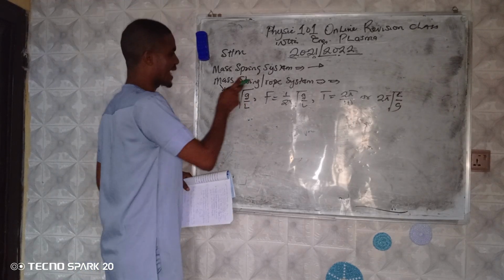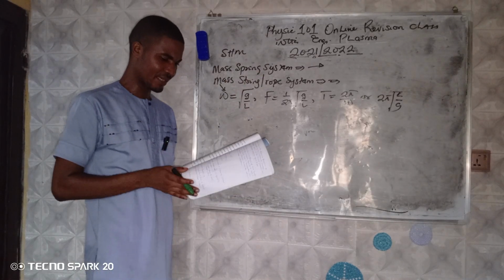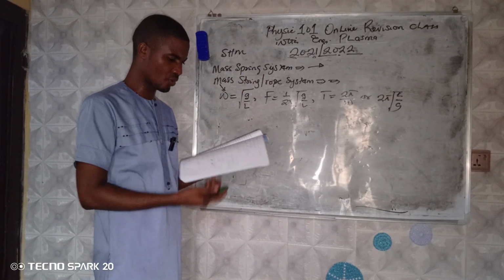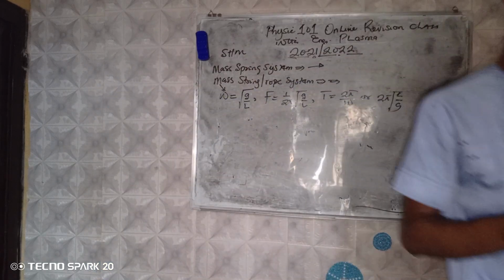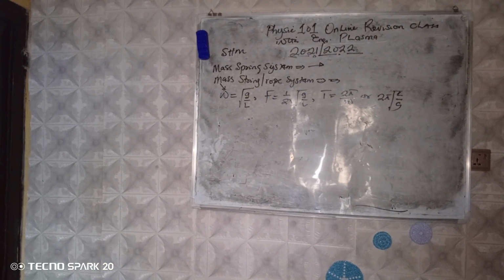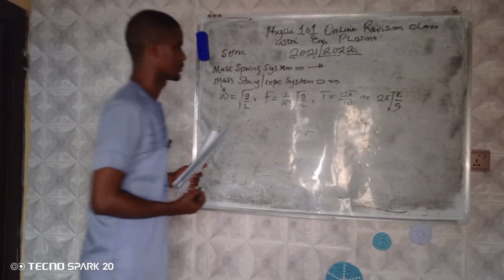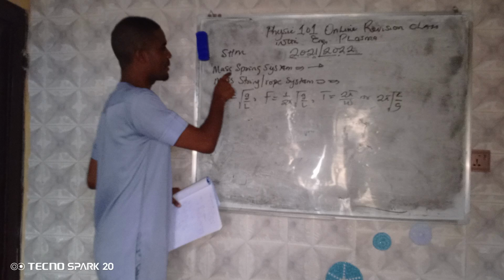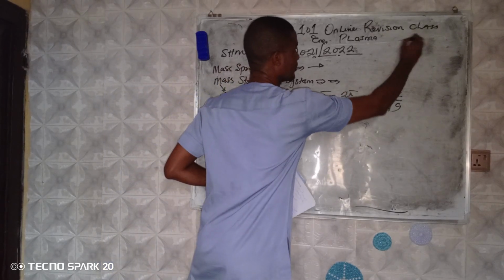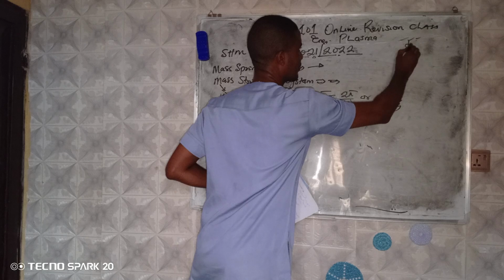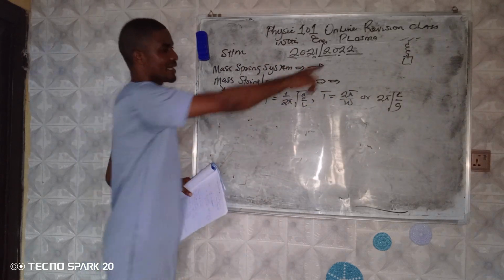Having known this, we now want to see how it relates to the mass spring system. For the mass spring system, remember that we make use of a spring, so there is always a spring constant.